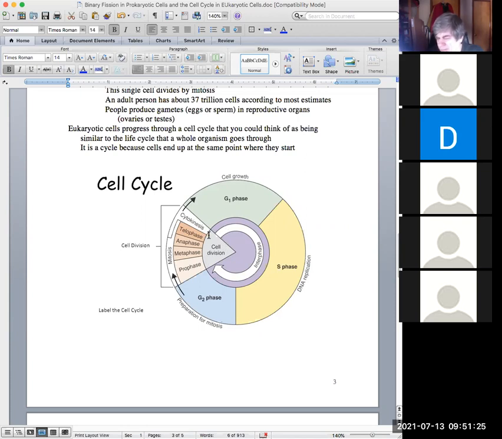Now, in prophase and metaphase and anaphase and telophase, we can actually see the chromosomes in a cell. Since we can see the chromosomes, when scientists were looking at cells originally, they could see that the nucleus was obviously doing something. You could see the chromosomes.